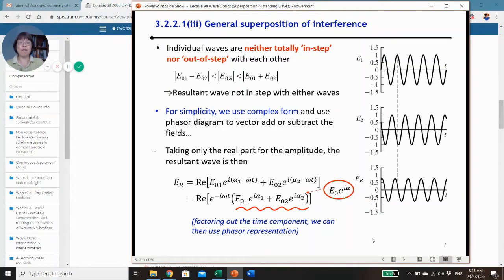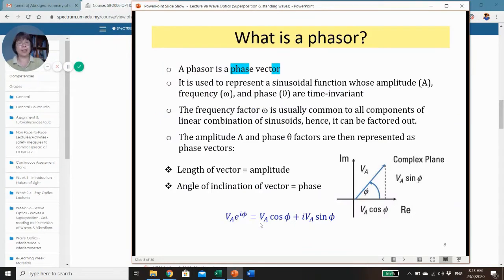So how do we represent this? We use a phasor diagram. And what is a phasor? It is a phase vector. In other words, we are describing it by representing it with an arrow, as you can see here, whereby the length of this arrow is representative of the amplitude of the resultant wave.